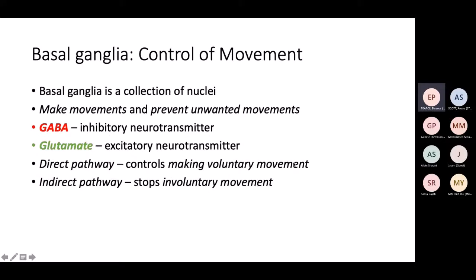So your basal ganglia are in control of your movement. The basal ganglia are a collection of nuclei, and their job is to make movement and also to prevent unwanted movement. This is driven mainly by two neurotransmitters, and that's GABA, which stops things from happening, and glutamate, which starts things to happen. Your direct pathway controls making voluntary movements, and your indirect pathway stops involuntary movement.